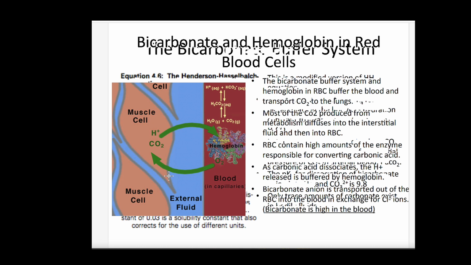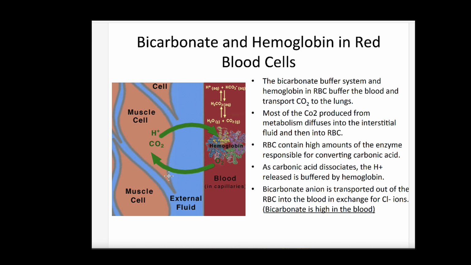All right, so now let's get to the bicarbonate and hemoglobin in red blood cells. This is another bicarbonate buffering system. We just talked about the CO2 from breathing, which is produced from metabolic activity.